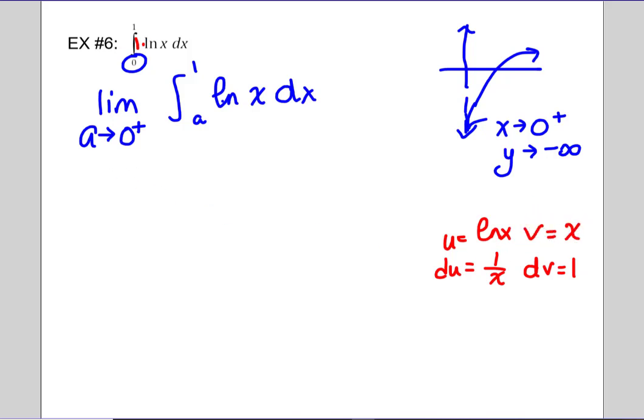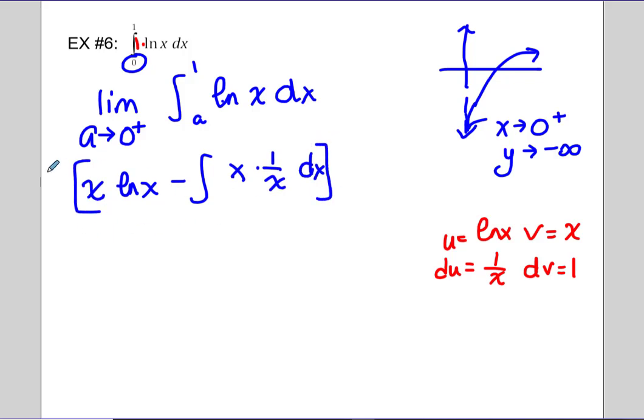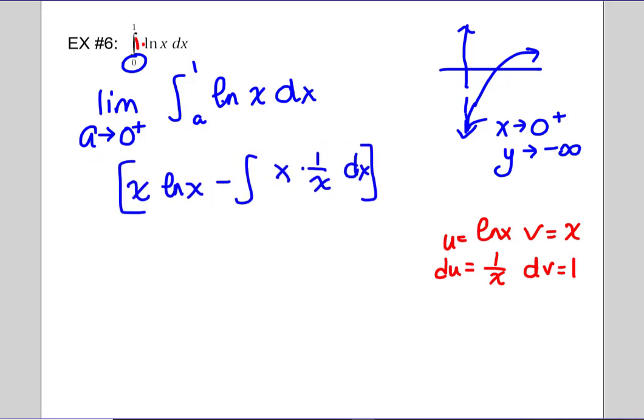So we have integration by parts, u times v is x natural log of x, and then we want to evaluate x times 1 over x, which is 1. So we have the limit, don't have enough room here. I'm going to use the limit last. The limit as a approaches 0 from the right.